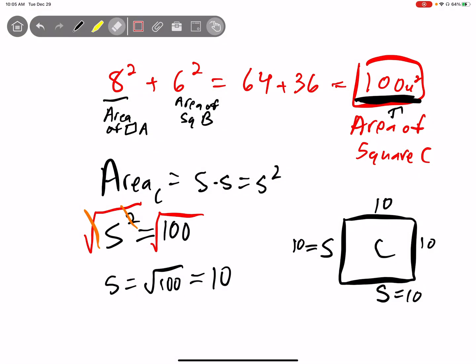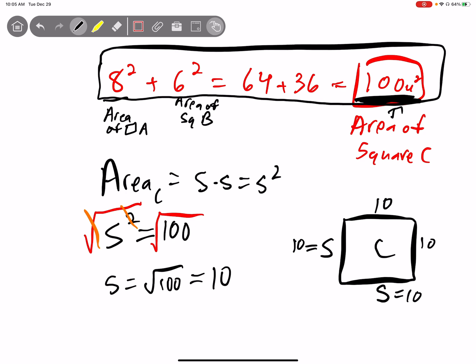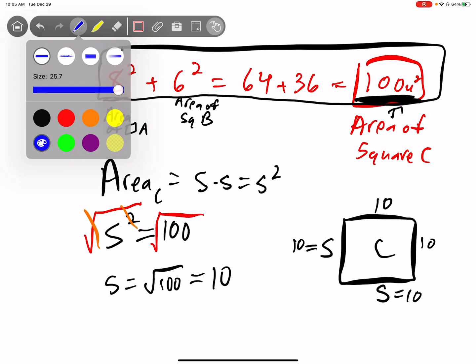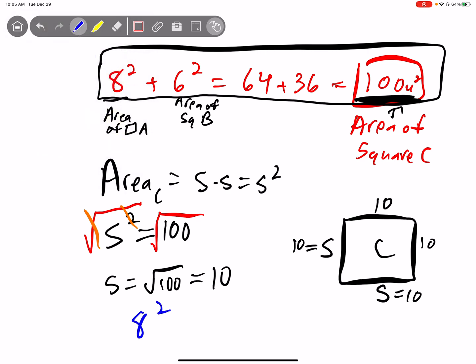If I rewrote this, this is the same thing as me saying 8 squared, which is here, plus 6 squared, which is here, equals, well, 100 is the same thing as 10 squared, okay?